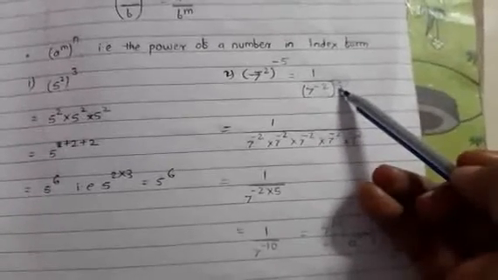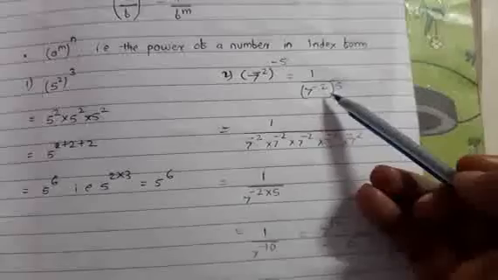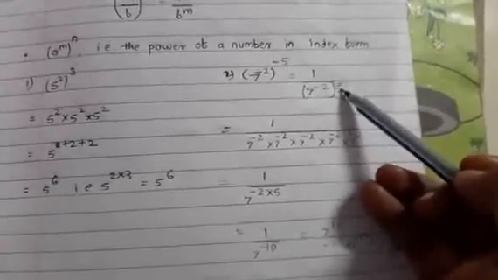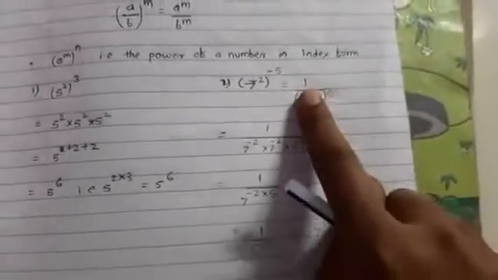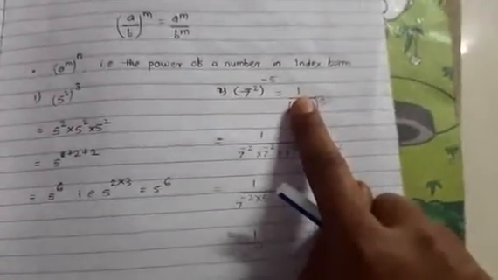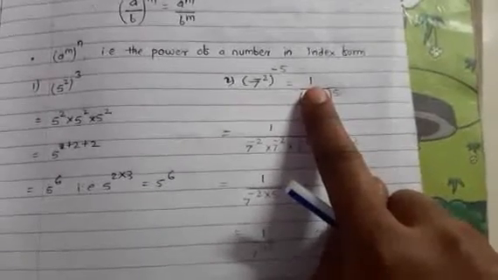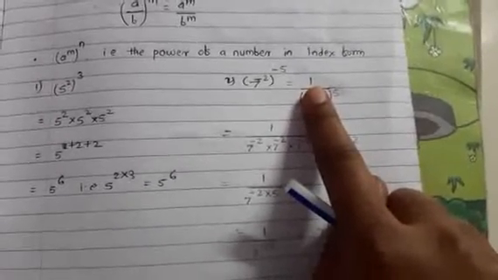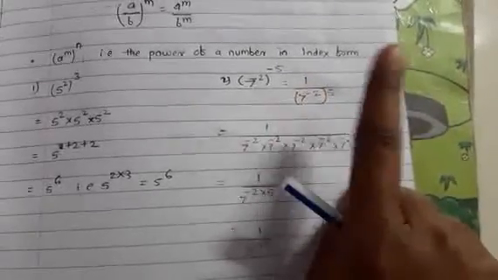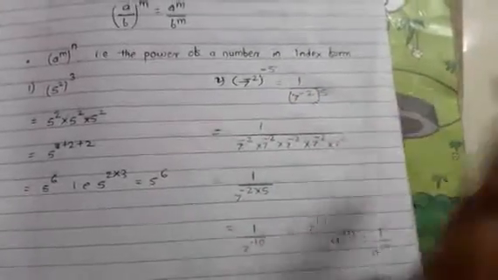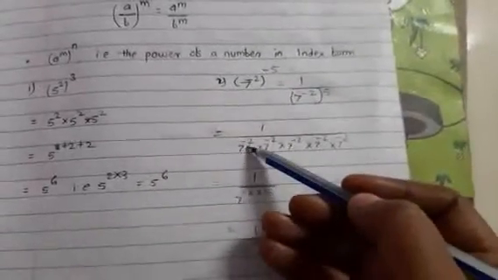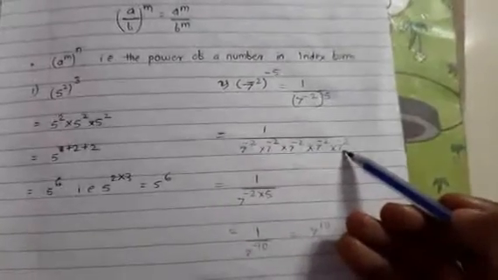5 became positive. Now think about this. Suppose the base is 7 raised to minus 2, and the index is 5. As the index is 5, whatever the base is will be repeated 5 times. So 7 raised to minus 2 is repeated 5 times.